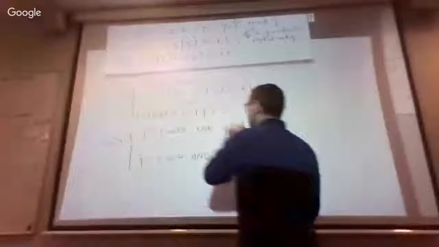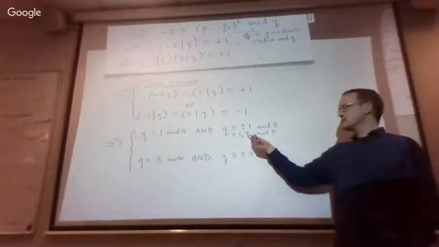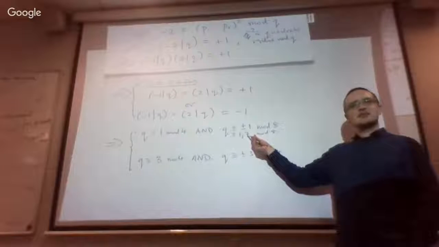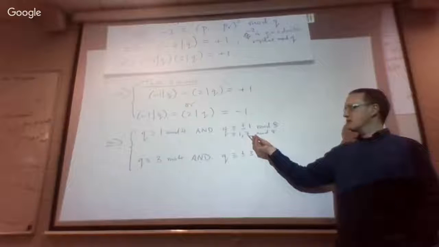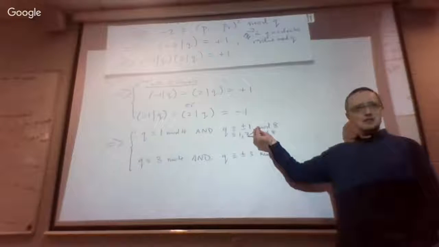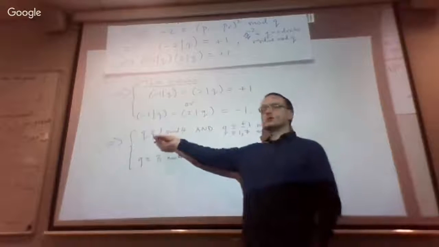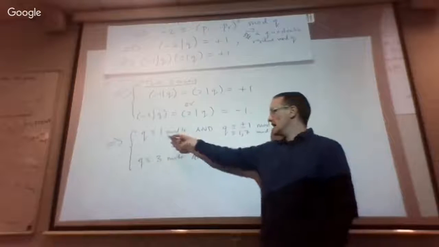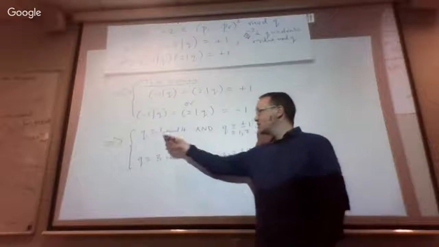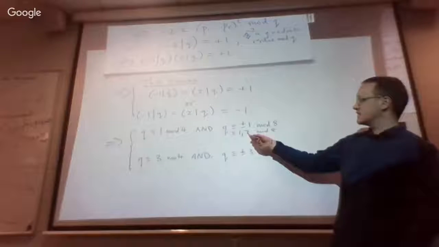Well, q has to be 1 mod 4, but can it be 7 mod 8? Because if you were congruent to 7 mod 8, that means you're 8 times something plus 7. But how does that divide by 4? Well, the 8 times something is divisible by 4. And then when you divide the 7 by 4, you get remainder 3. So being congruent to 7 mod 8 is incompatible with being congruent to 1 mod 4. Okay, so the only way that this whole conjunction can be satisfied is if q is congruent to 1 mod 8. It can't be congruent to 7 mod 8.